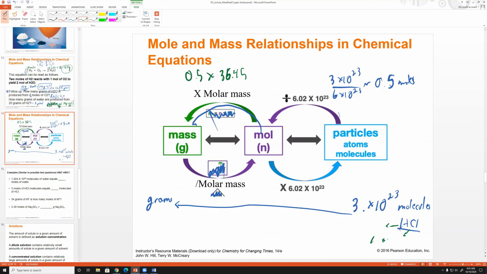HCl: 1 plus 35.45 equals 36.45. Then we multiply this together, and half of 36 is 18, so it'd be around 18.2. 18.225 to be exact. Now it'd be grams.